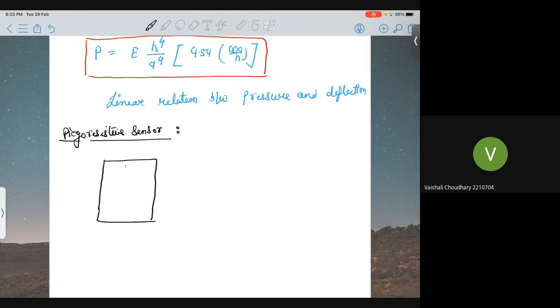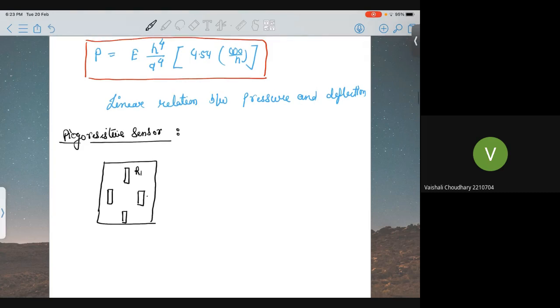So let's say we have 4 resistors which are placed like this, and we call them R1, R2, R3, R4.